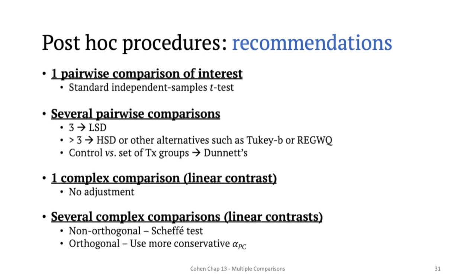Or it can be, well, if we find a significant ANOVA, then we'll explore and find where the differences are. All of these are going to have costs and benefits to them. For example, the LSD, it is the most powerful, but your type 1 error rate is going to go up. The HSD is less powerful, but it controls your type 1 error rate pretty well.